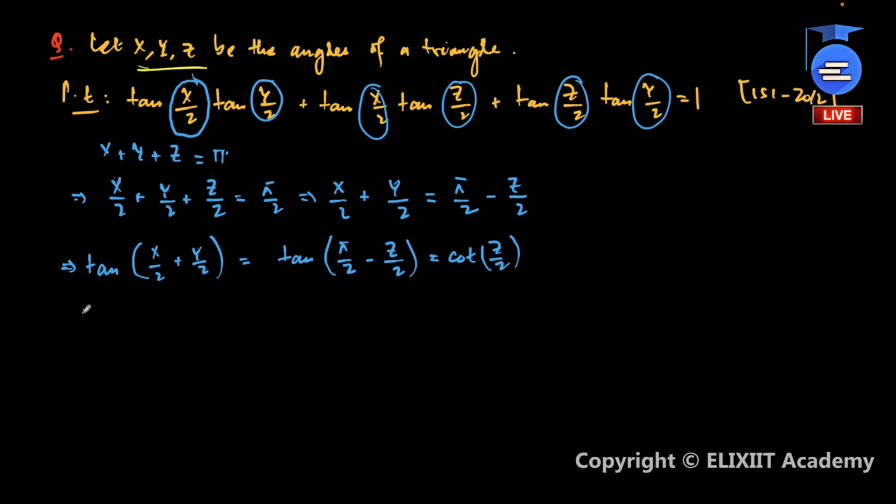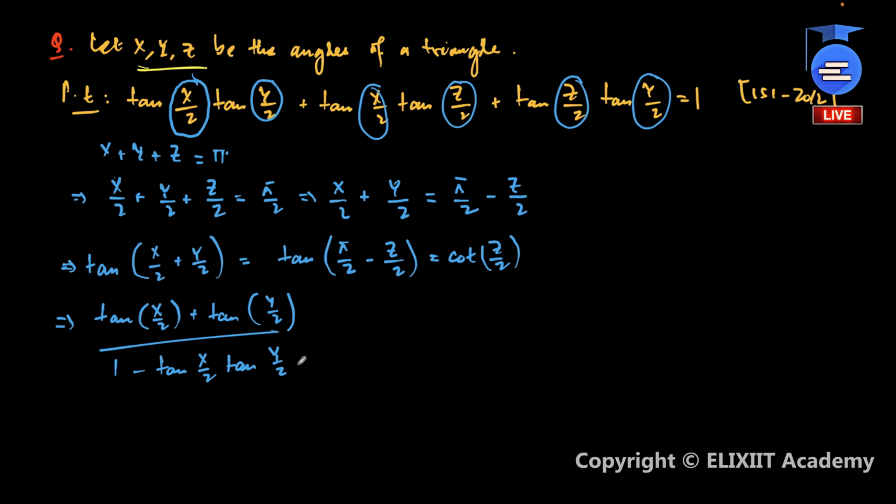Now on the left hand side, I express this using the formula of tan a plus b. So this is tan x by 2 plus tan y by 2 upon 1 minus tan x by 2 into tan y by 2. And the right hand side, we have cot z by 2.